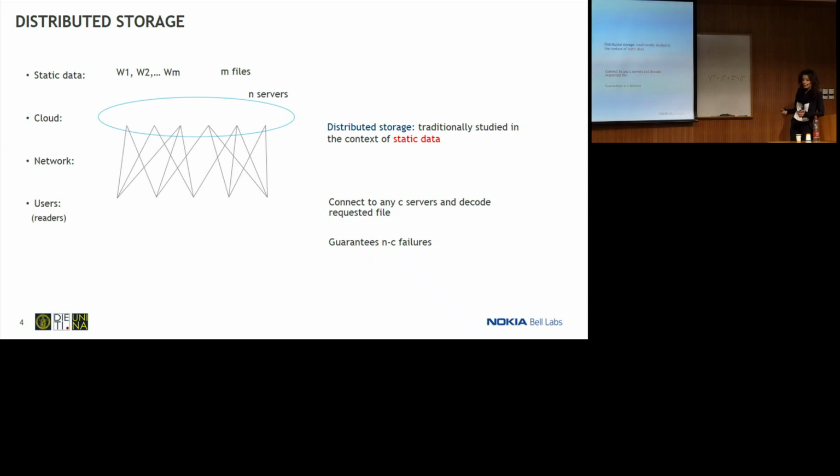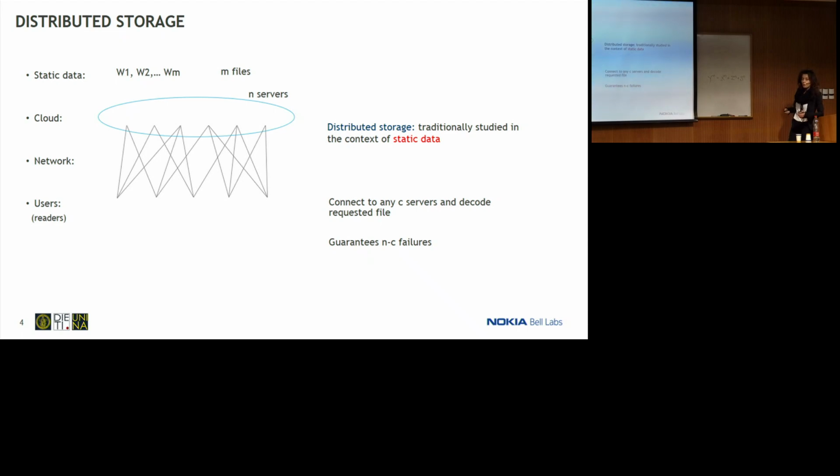What do I mean by static data? With a static library. Let's for a moment consider this setting. Let's assume that we have a distributed storage system with n servers and with a static library composed of m independent files.